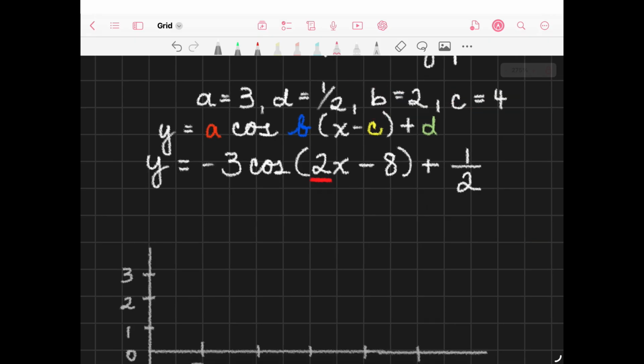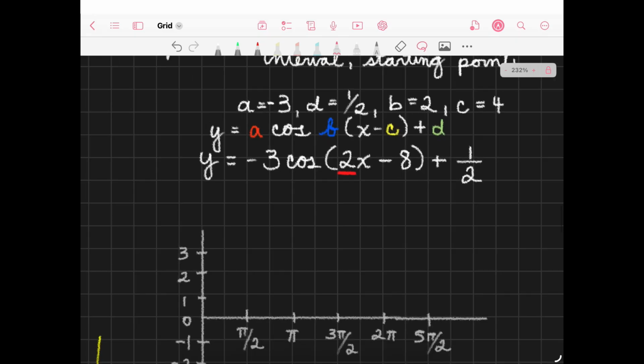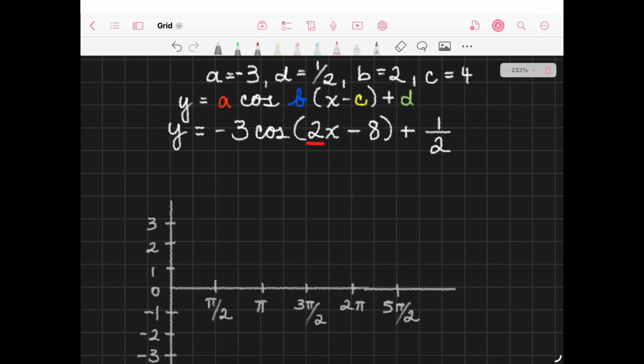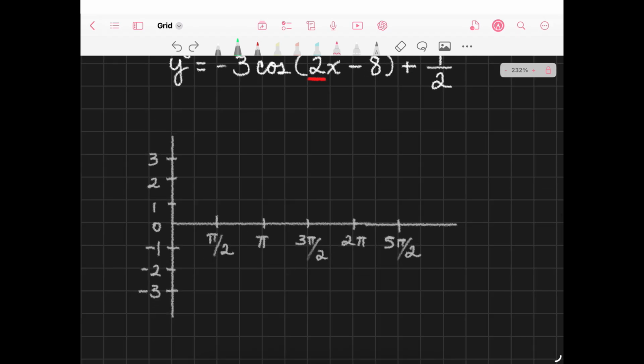So when we graph this, A is negative 3, my bad. When we graph a cosine graph, we start from the amplitude, or our A, which is negative 3. So we're going to start from negative 3 here.